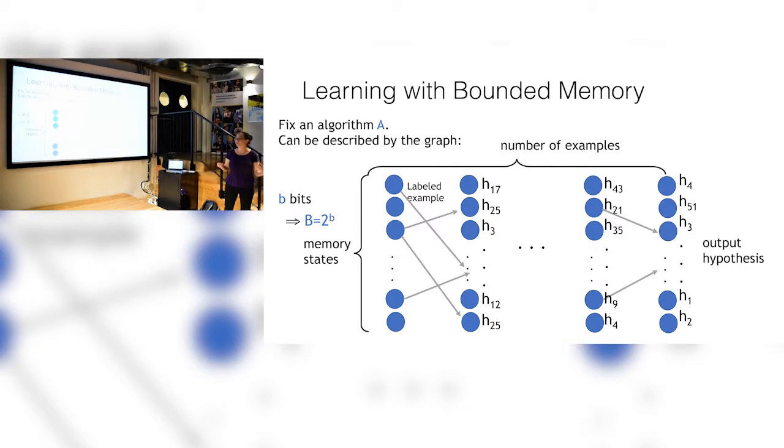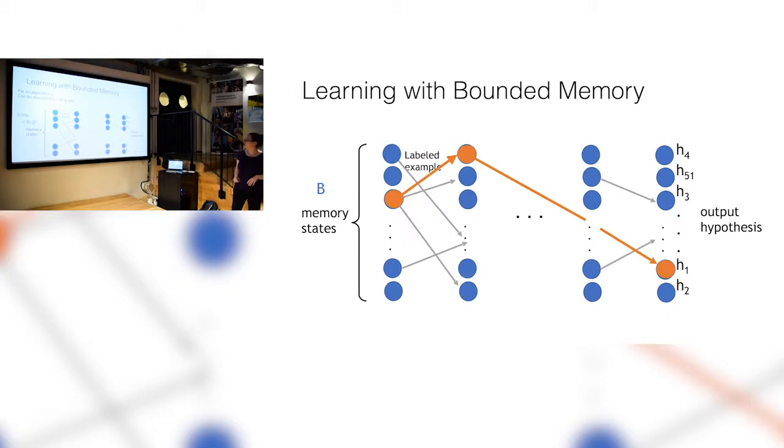And then the algorithm is going to change to something else and return some hypothesis. And so on and so on. This is a bounded memory algorithm. And since we are working on the difficult part of what cannot be learned, we are allowed to do some relaxations. So we are going to allow the algorithm not to return a hypothesis after each step.